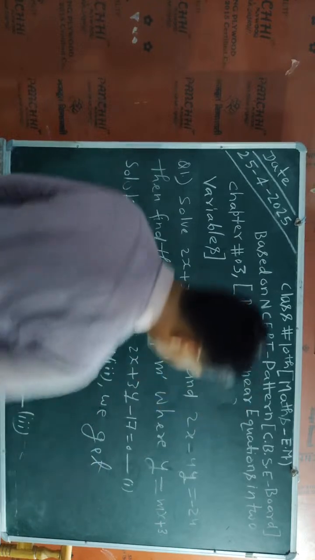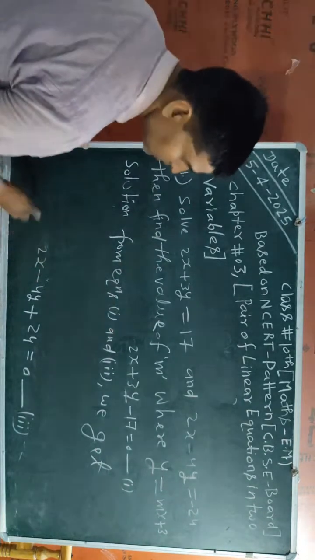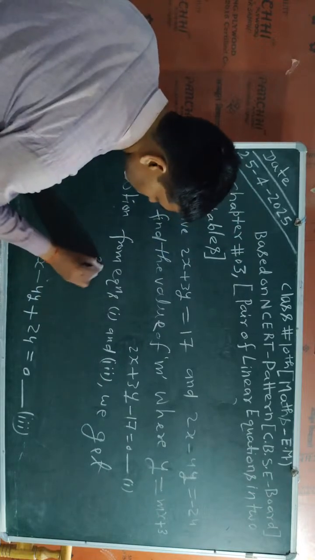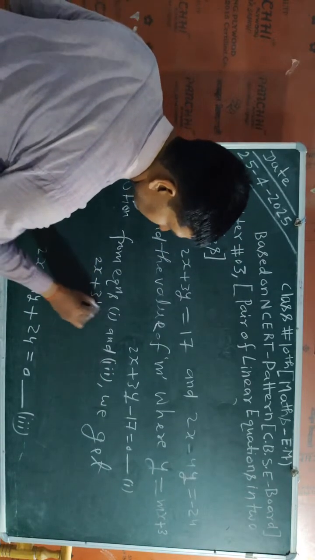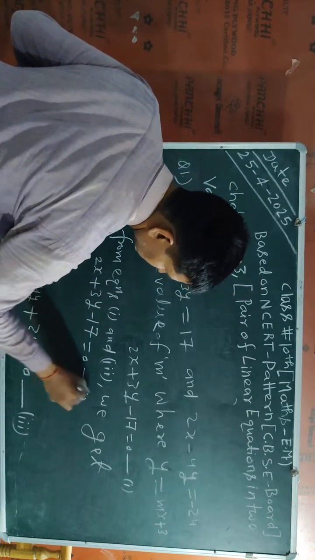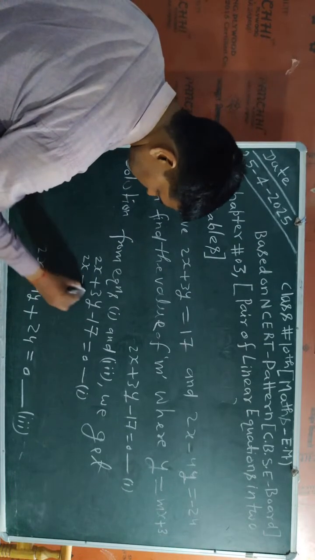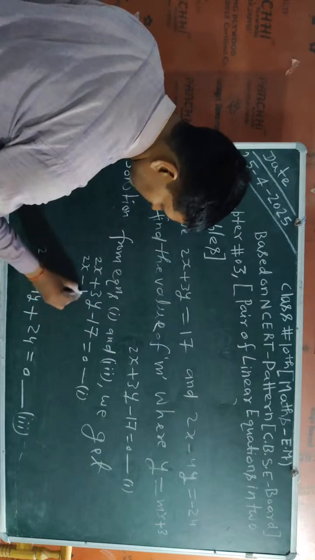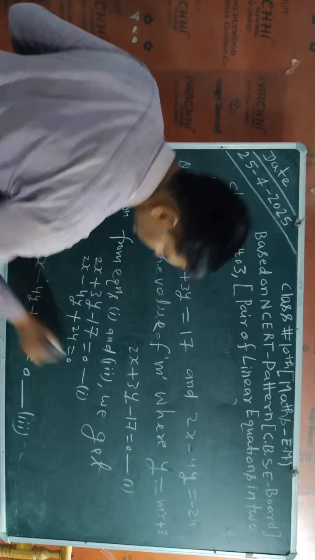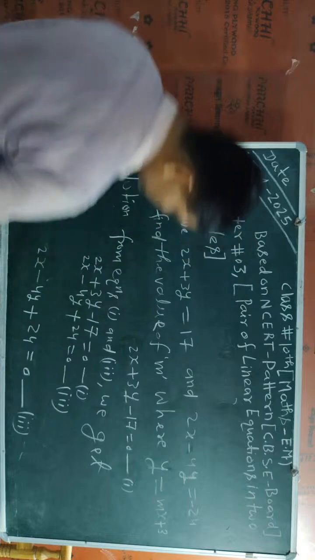Okay, student, so equation number 1 I am going to write here: 2x plus 3y minus 17 is equal to 0. This is equation number 1, and equation number 3 I will write here: 2x minus 4y plus 24 is equal to 0. This is equation number 3.